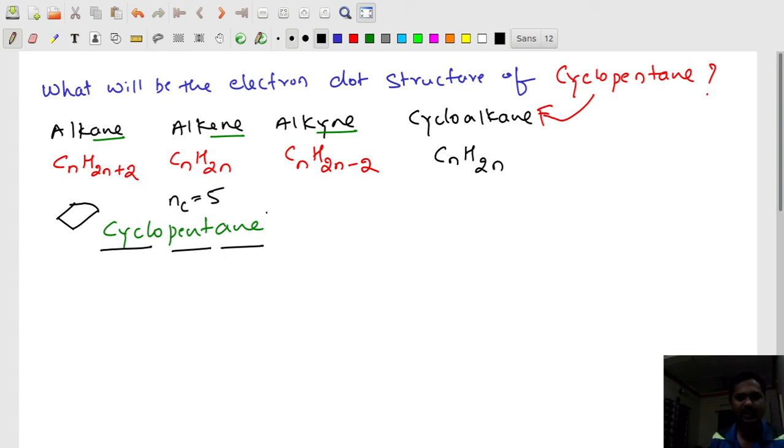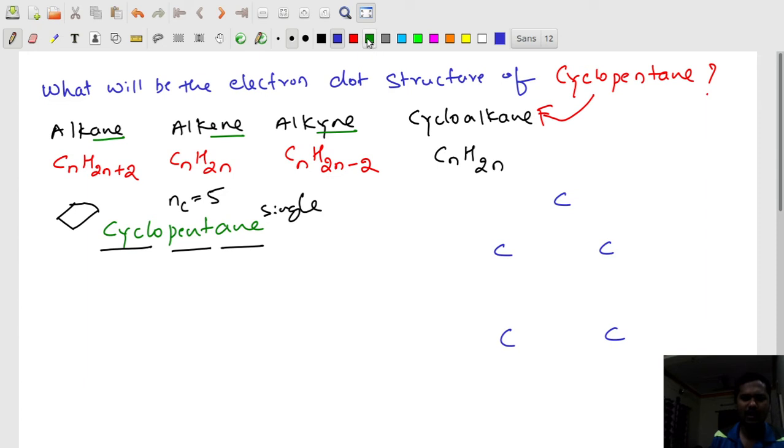And ANE means a single bond. So now start with the 5 carbon atoms: 1, 2, 3, 4 and 5.